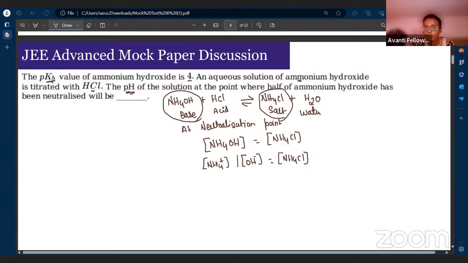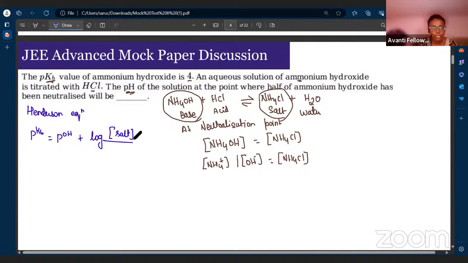Yes, can I use the Henderson equation over here? Yes. So using the Henderson equation, pOH is equal to pKb plus log of concentration of salt by concentration of the base. The pKb value is given as 4.